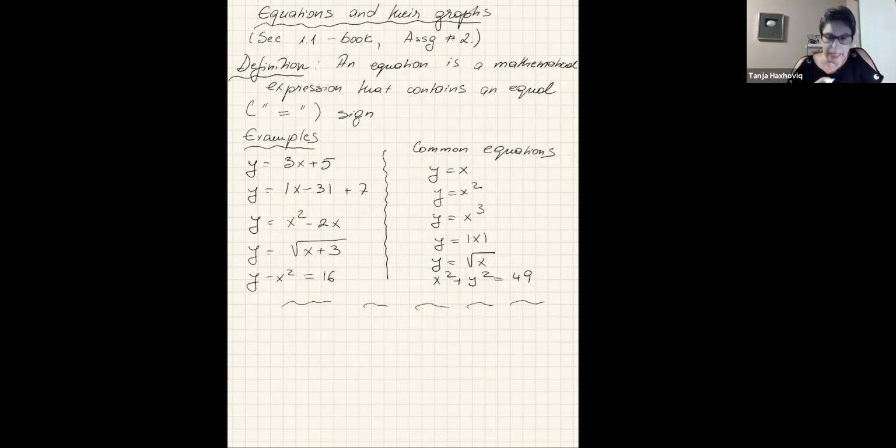So a collection of points connected together make the so-called graph of an equation. So these are not just any random points, but where these points are on the Cartesian plane, how you plot them, where do you find them, and where do they come from, it all depends on the equation that we're dealing with. So before we talk about the plotting of those points, let's talk about the Cartesian plane.